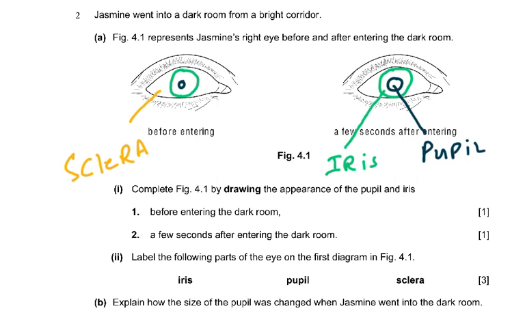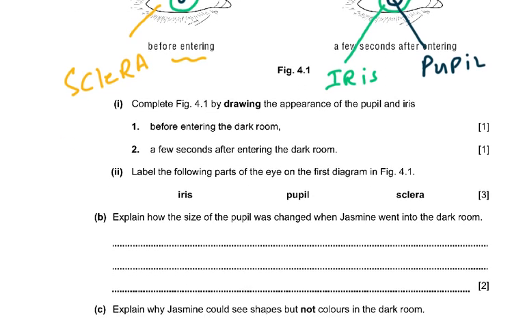Naturally, if from a bright corridor the person is entering into a dark room, the pupil is going to be very small before entering. I've drawn that in black. The green is the iris. And then of course, as it enters into the dark room, the pupil will become larger. I've labeled the iris, pupil, and sclera for you.